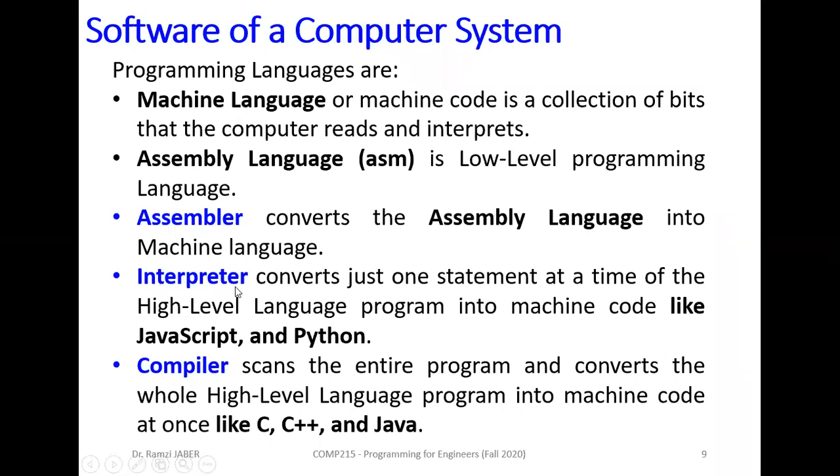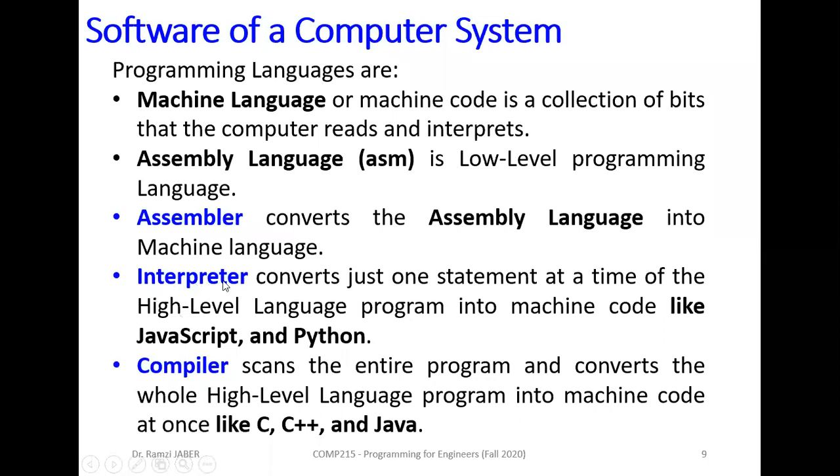An interpreter, like Python, converts just one statement at a time of the high-level language program into machine code, like JavaScript, Python, and others. Compilers, like C, C++, and Java, scan all the program and convert the whole body from high-level language to machine code at once.